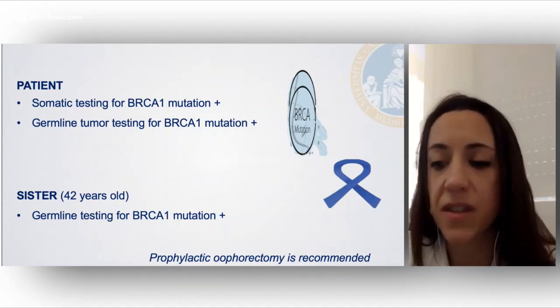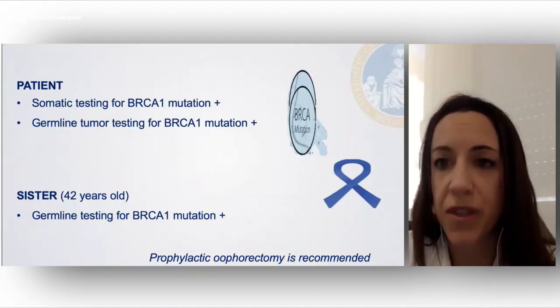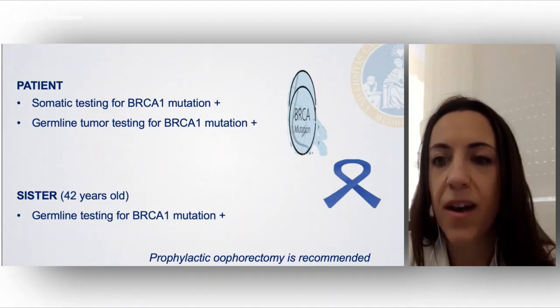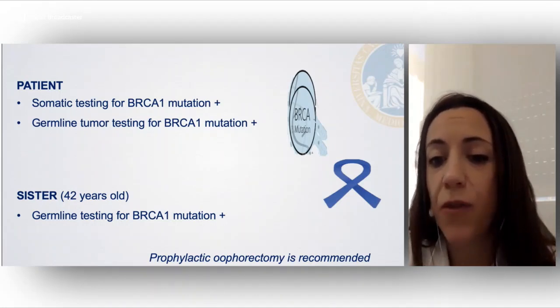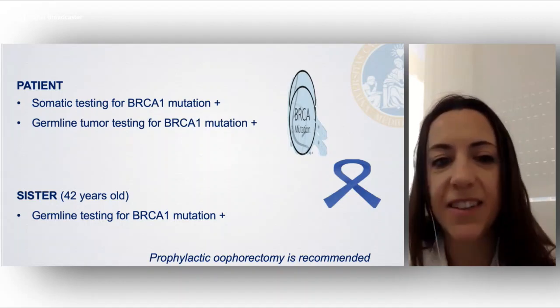So we asked her sister to be tested for BRCA mutation, and the test was positive. So at the moment, a prophylactic oophorectomy was recommended. I don't know if Amanto, do you have any comment about that?